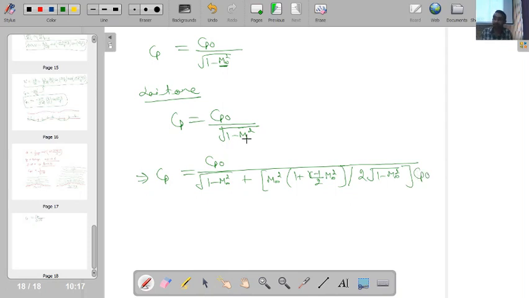So M is related in terms of M infinity for an isentropic flow situation, then we get this particular expression.